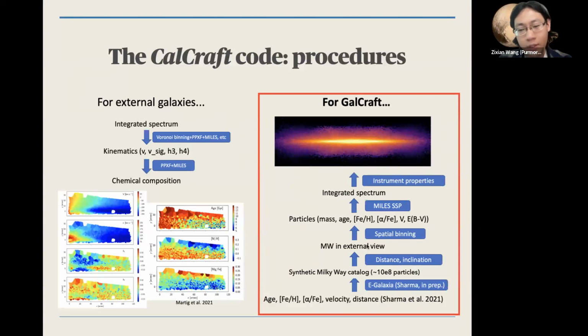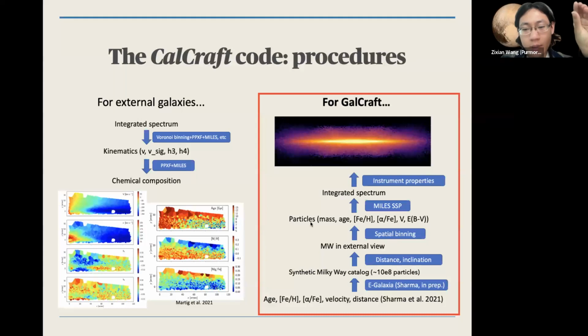The current external view still only contains the particles, right? Then we need to give the particles spectra and also apply the spatial binning. For example, MUSE is 0.2 arcseconds. Then for each spatial bin, there will be a number of particles included.